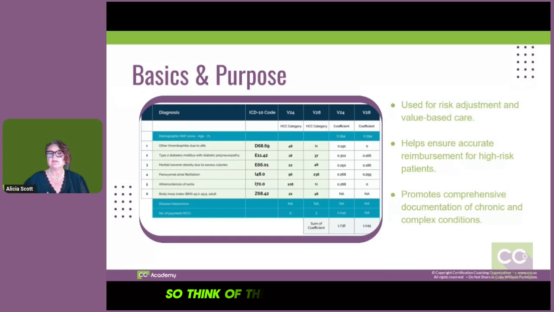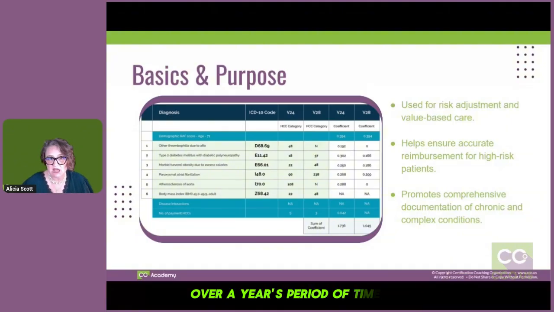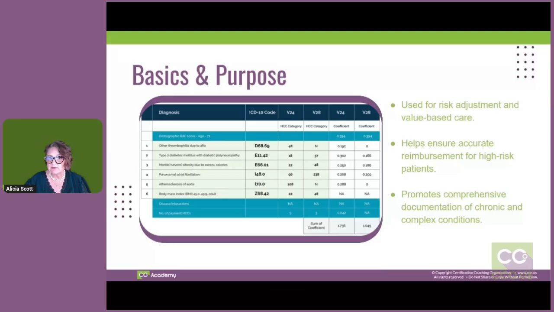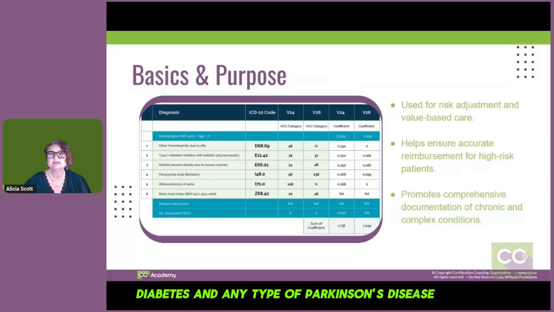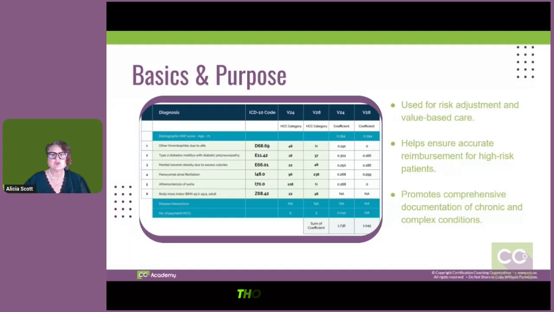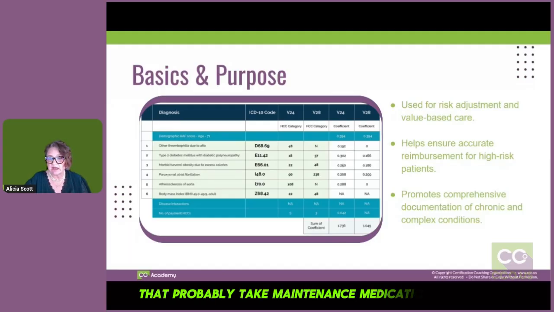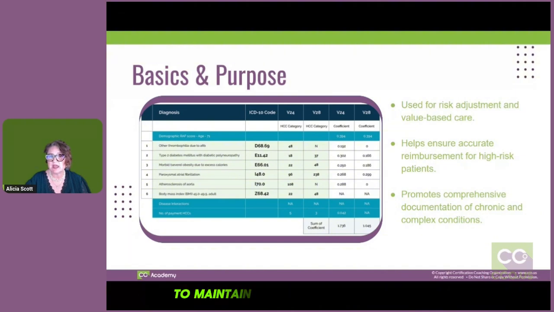So think of things that are chronic that would cost a lot to treat over a year's period of time. COPD, diabetes, and any type of Parkinson's disease, muscular neurological conditions, epilepsy, those big ones that probably take maintenance medication to maintain health.